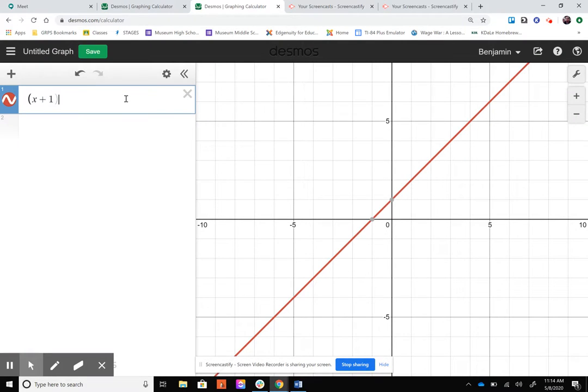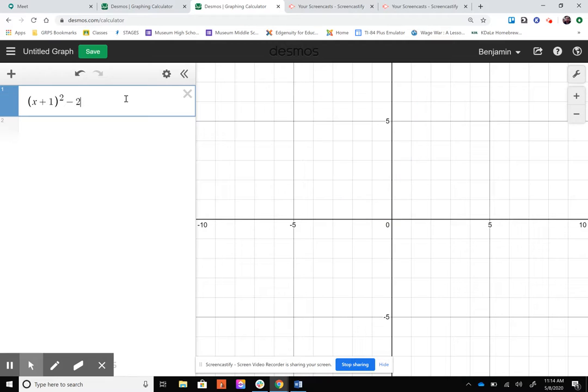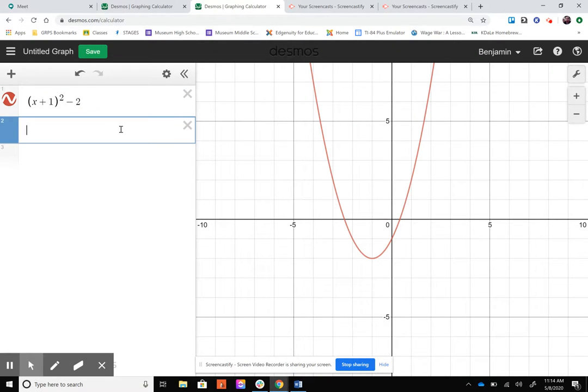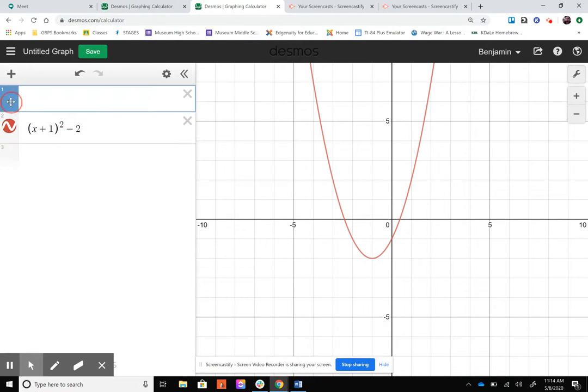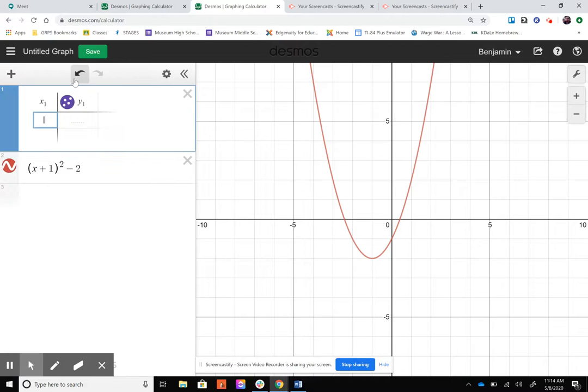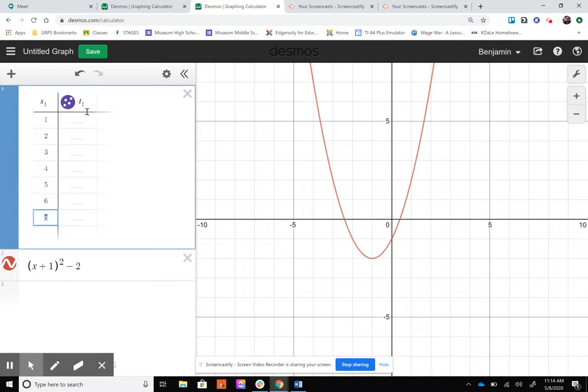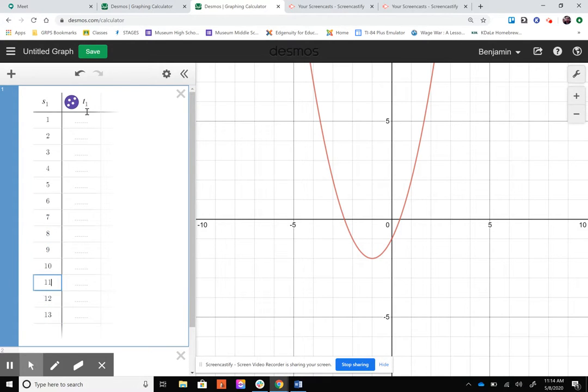And what I should have started with really is a table of values. So I started off with, let's say x is my steps. Call this S1, and this I'll call T1, but 1, 2, 3, 4, 5, 6, 7, 8. We went up way up there.